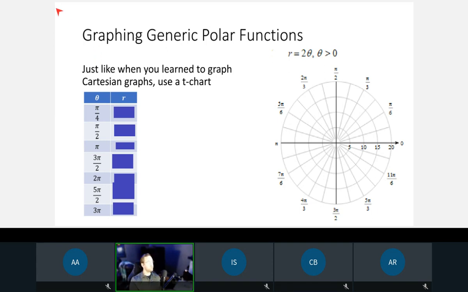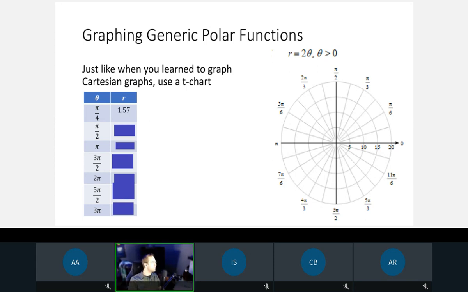All right, when you plug in pi over 4, chat, what do you get? What is the answer for the r value? 0.785. Okay, good.